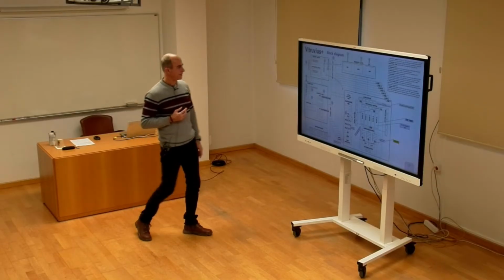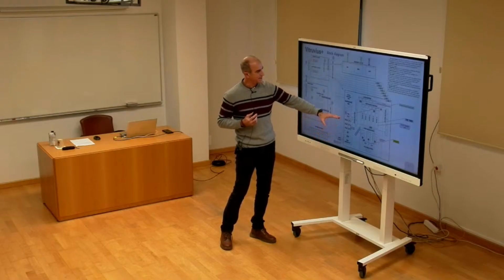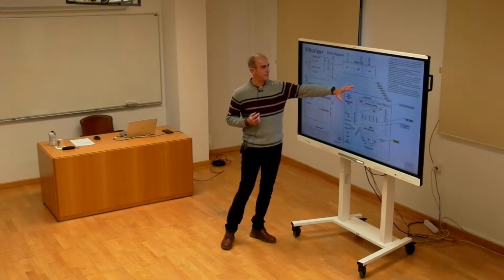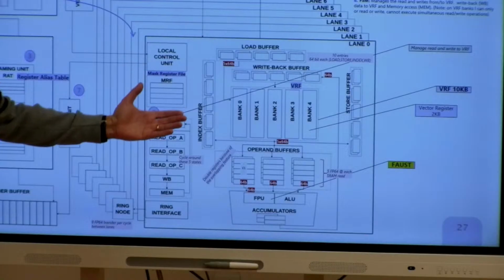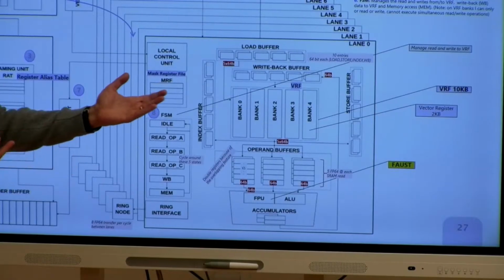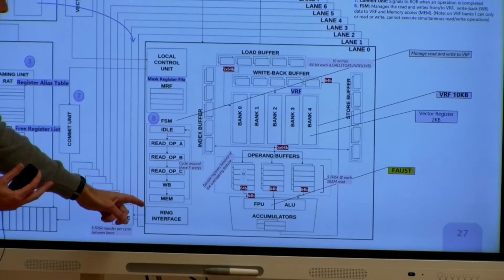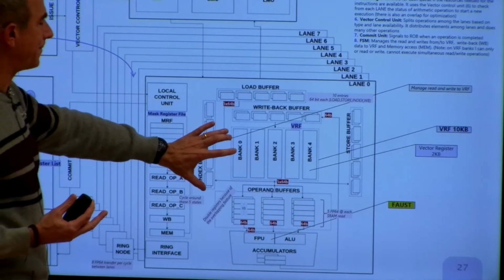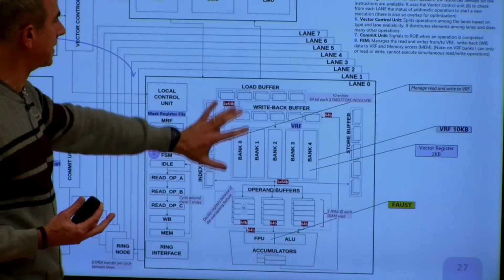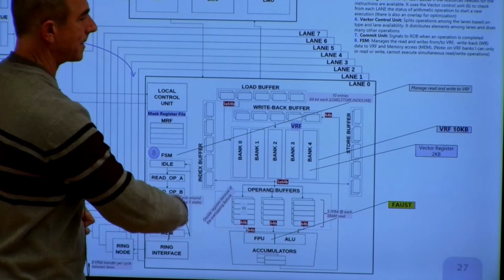You see also some other details here. You see the ring node, because the registers here are split into lanes. For some operations, like permutations, you have to pass data from one lane to another. That's a problem because the vector registers are split in different lanes. As long as you remain in one lane, it's very simple.